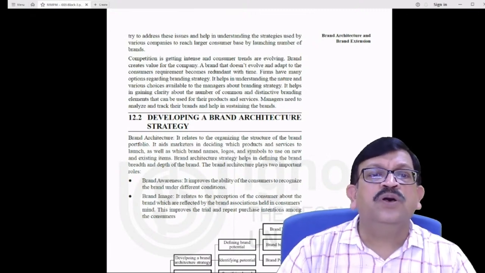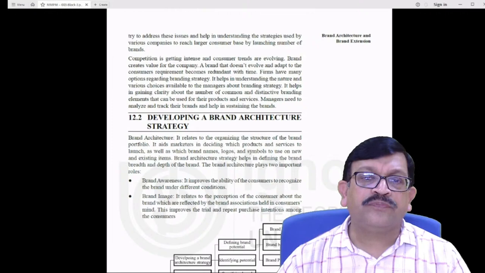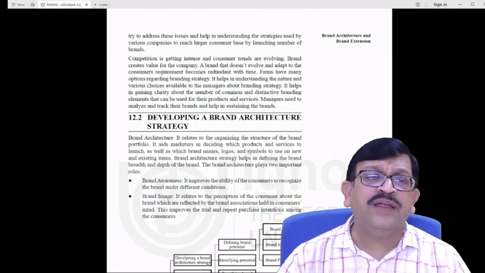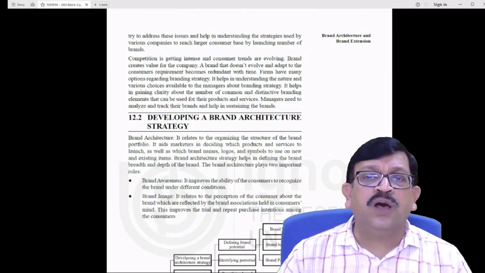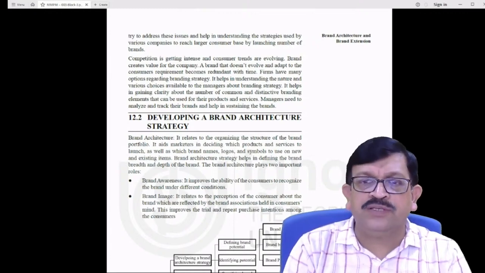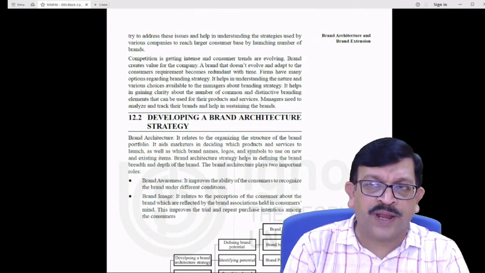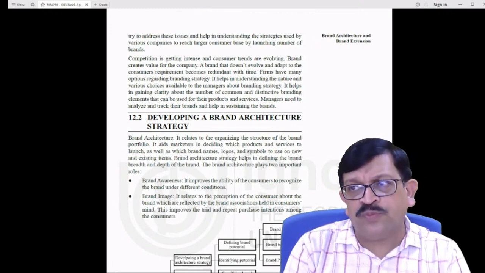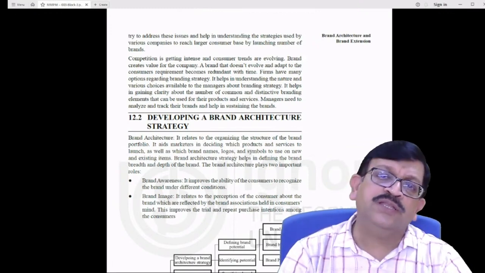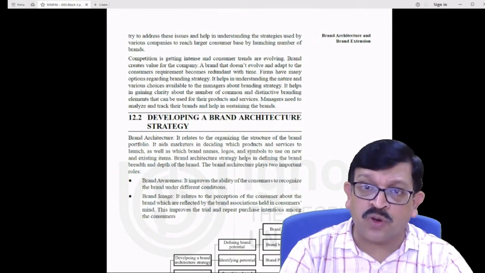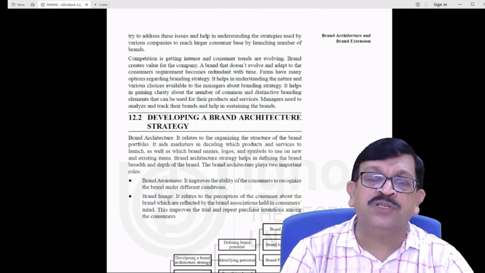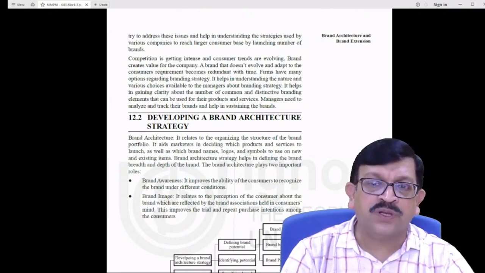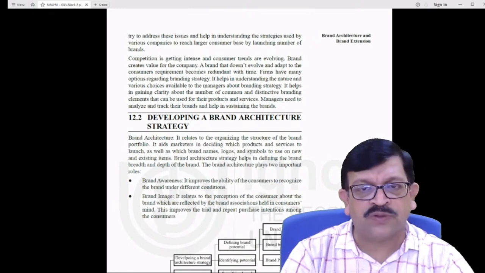To give you a sense of why we need a brand architecture, it relates to how you structure the offerings to the marketplace in terms of your brands, what kind of portfolio you maintain, and how you ensure that these brands become very strong, not only when you start, but go on to establish themselves as very strong brands and sustain the benefits to the customers as well as to the firms.